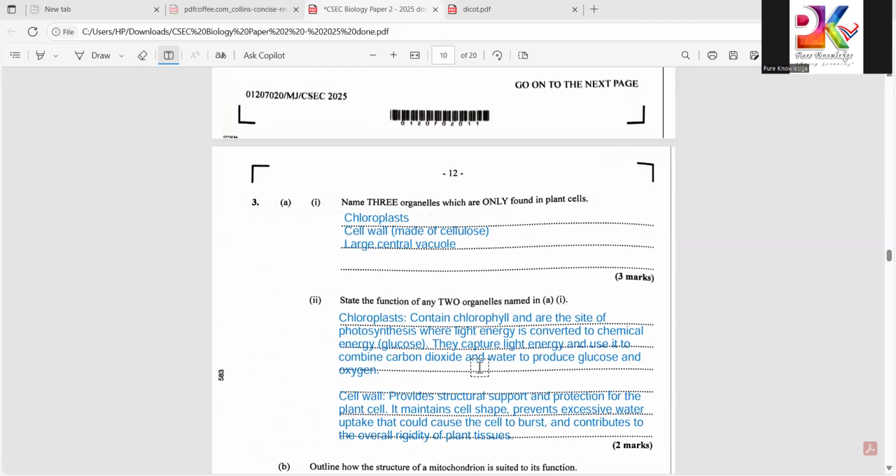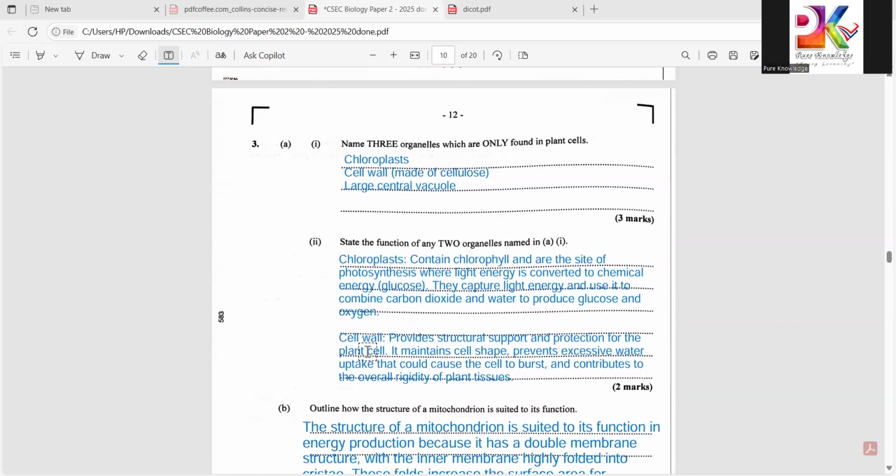Now we talk about maintaining the cell shape, preventing loss of water, don't cause the cell to burst, etc. Of course, this is just for educational purposes, only 2 marks, so 1 line is fine. So once you say it contains chlorophyll, which is important in photosynthesis, you are right.